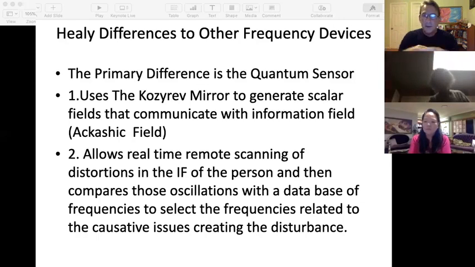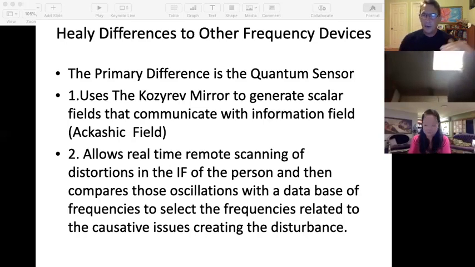Most of the energetic devices that are out there on the market are very useful and effective at accessing information from the physical body. They rely on biofeedback, where they put a frequency into the body, the body responds and sends back a signal, and then we look for a match of those signals to determine what the problem is and what frequency or treatment we need to offer.